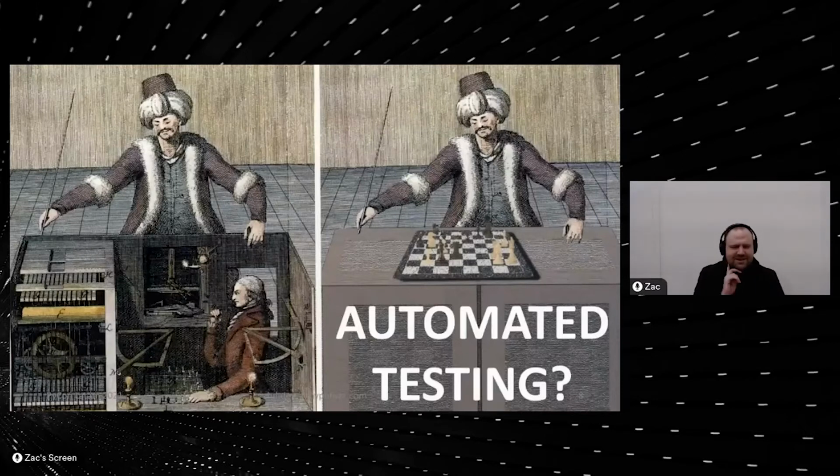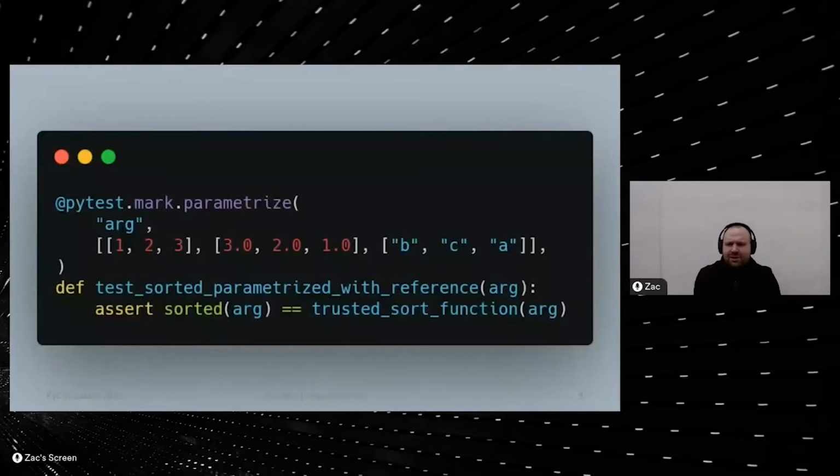So let's think a little more about how we might be able to truly automate some more of this process. One great starting point would be if we only had to come up with the inputs. So if we didn't need to calculate the corresponding output by hand, this would allow us to test things where we didn't know the correct output immediately, or where it was too much trouble.